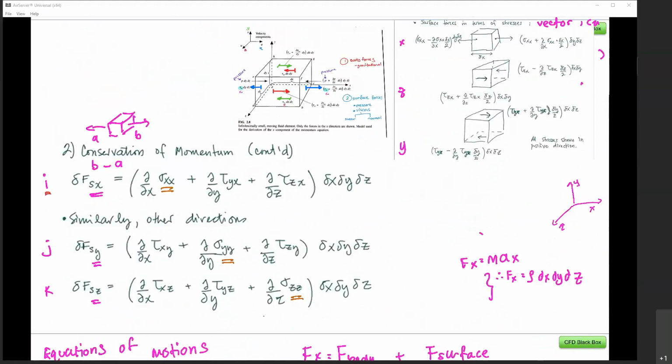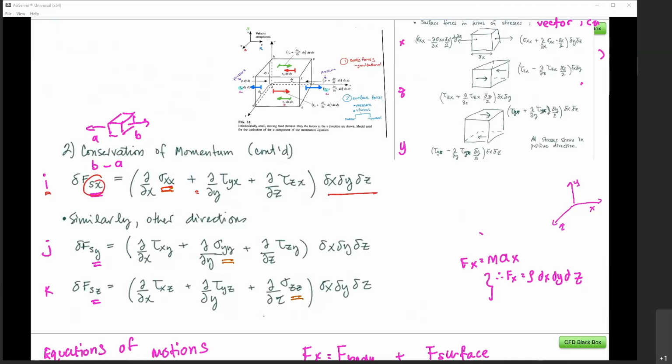So for the i, x component, we have dFsx, the stress force in the x direction: d over dx sigma xx plus d over dy tau yx plus d over dz tau zx, multiplied by the differential volume. So this is for x.